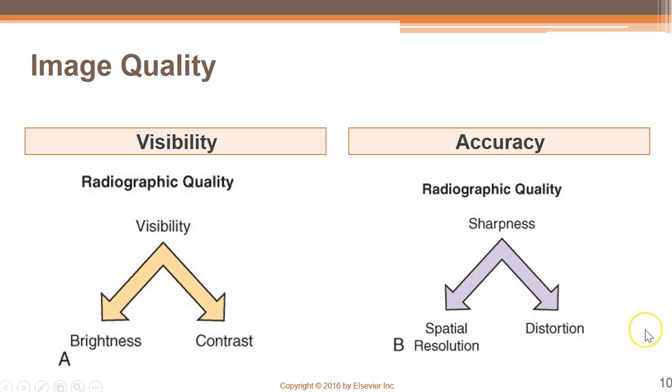This actual image showing these two side by side is in your text. It's figure 9.1, so if you want to go back and look at that. So remember, we no longer call them photographic and geometric. We talk about the visibility, which is photographic, and then the sharpness, which is geometric properties of a radiograph. And that's changing from the old school of film to digital that we have now.